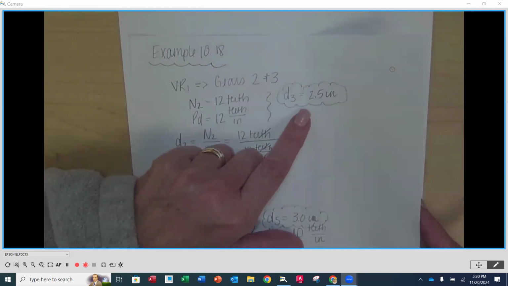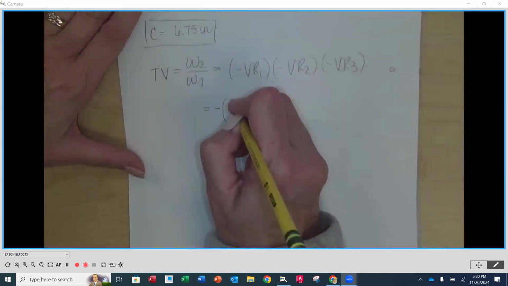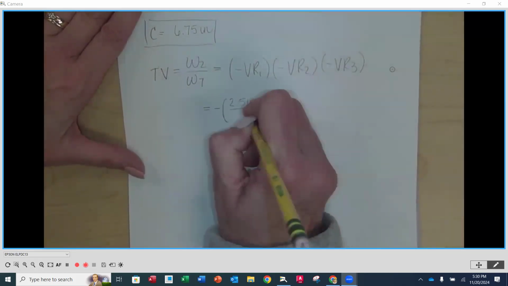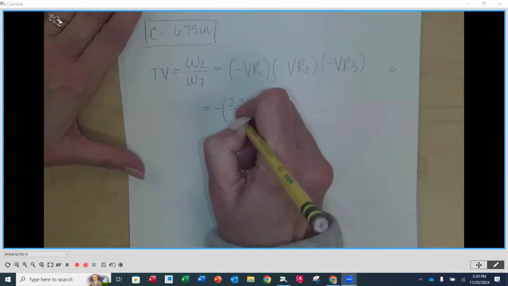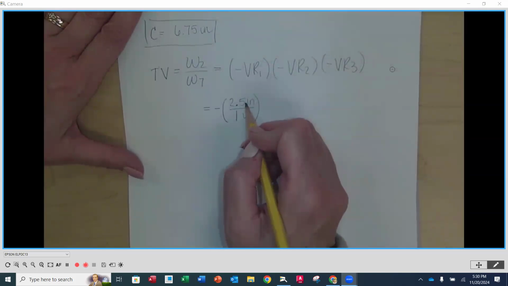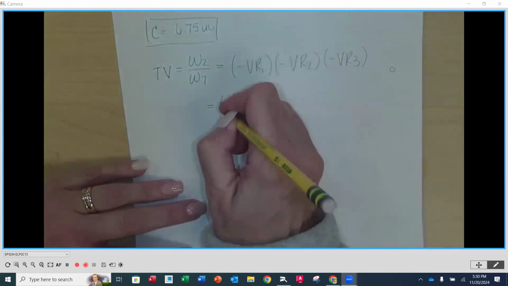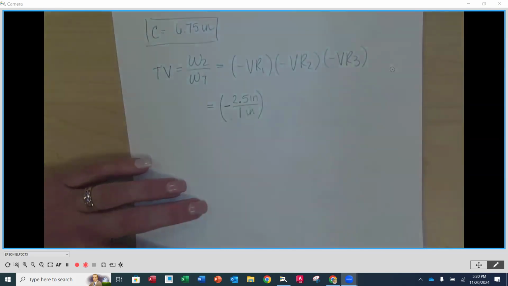So we're going to take negative 2.5 inches divided by 1 inch, okay? And I'm going to put this inside. I don't want to put it on the outside. It's not an operator, it's a sign.